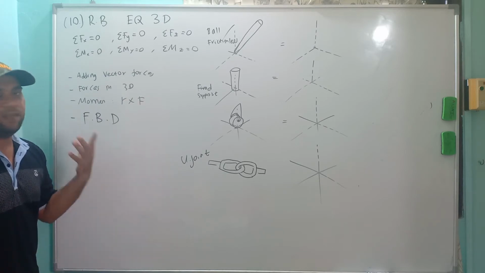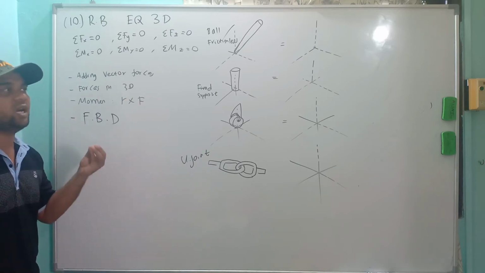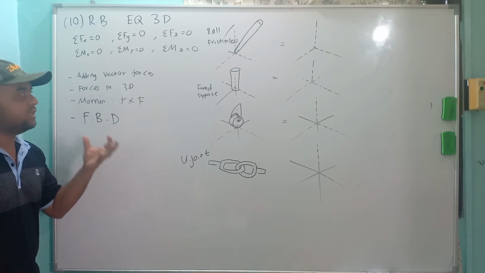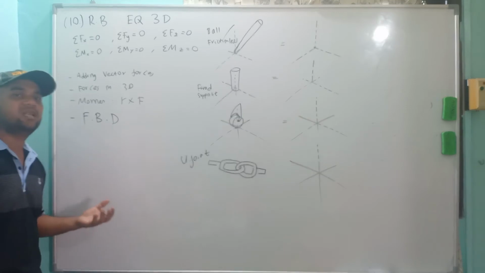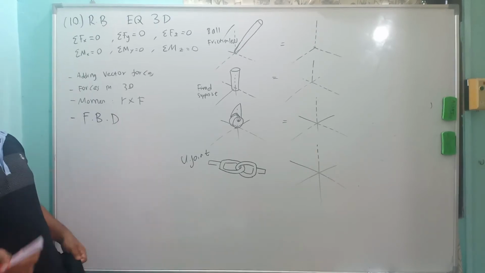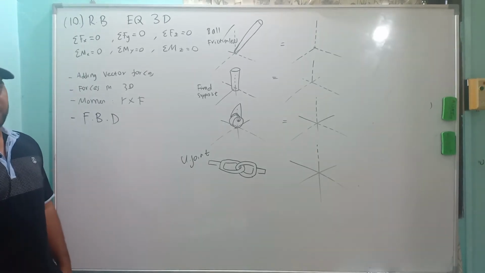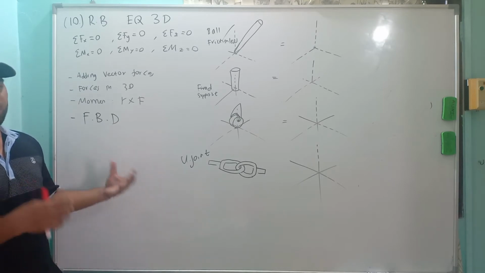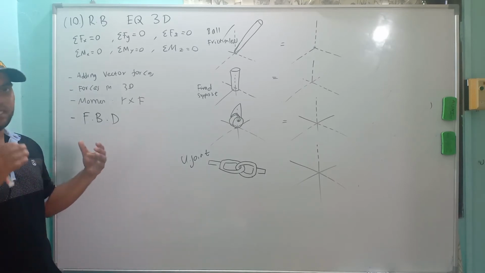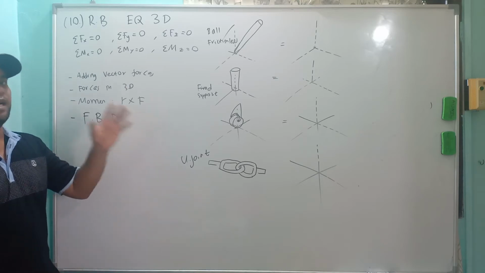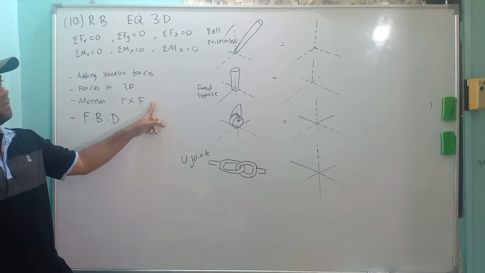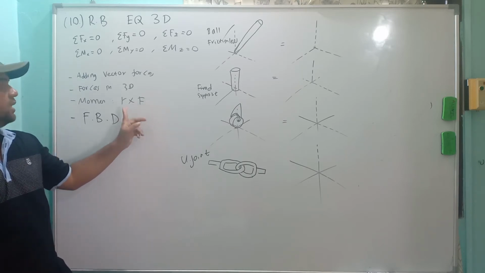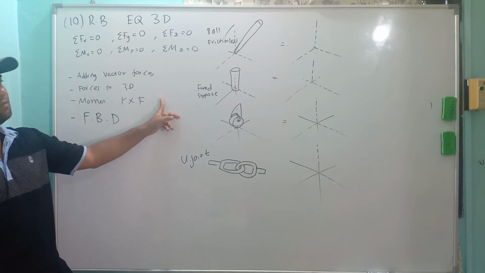So given any force in 3 dimensions, you have to know how to convert it, using either the first angle method, second angle method, or coordinate method, in terms of 3D notation, in terms of i, j, and k. And you also have to be capable of calculating the moment about a point, which is r cross F. We have already learned this also.